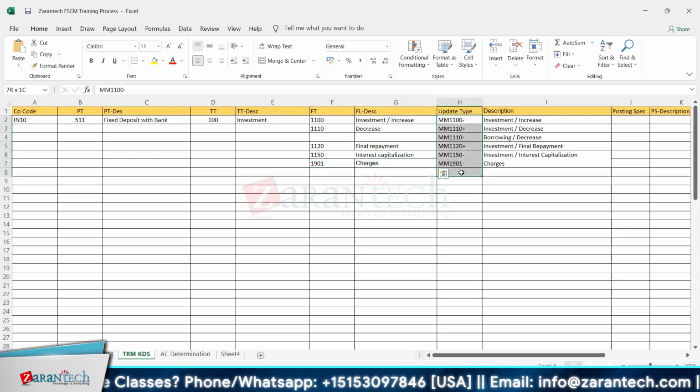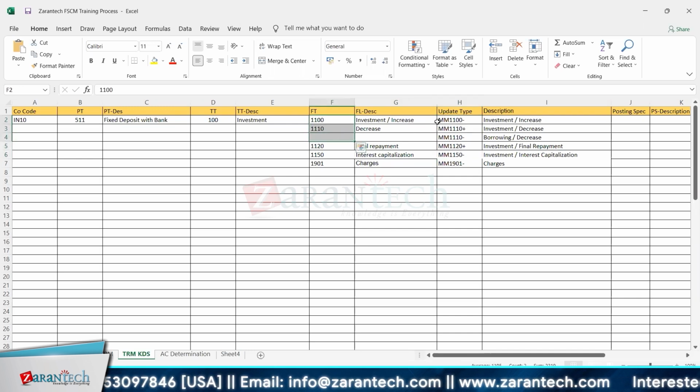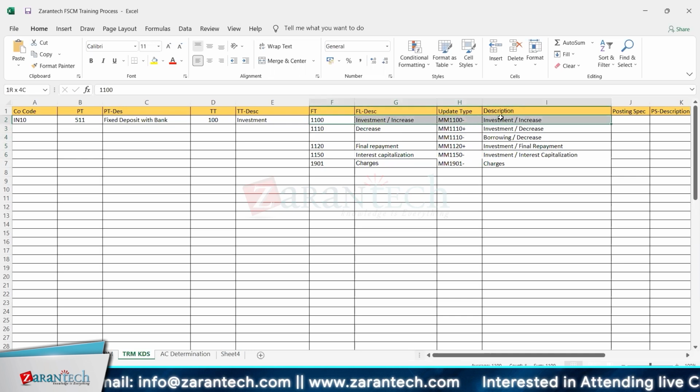And then we have the update type. The update type determines the cash flow movement. I have a flow type, but what would be my cash flow movement, whether inflow or outflow? That we determine from the update type.